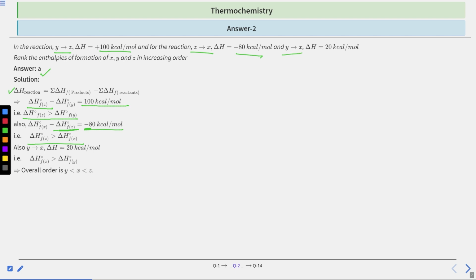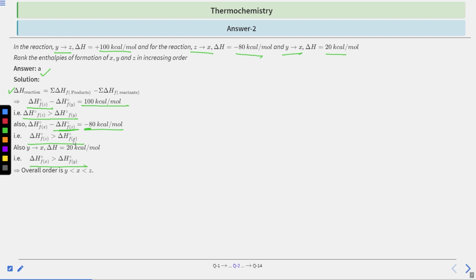And similarly, in Y to X, delta H is given as plus 20 kilocalories. When we write the enthalpy change of reaction, it will be product minus reactants, and it comes out positive. So delta H formation for X will be greater than delta H formation for Y.